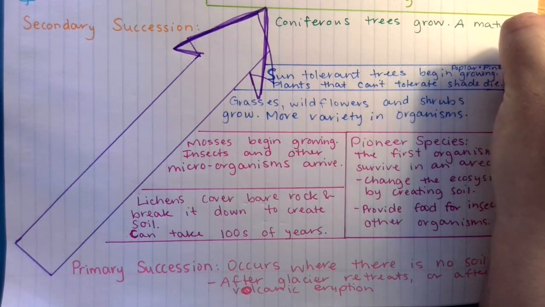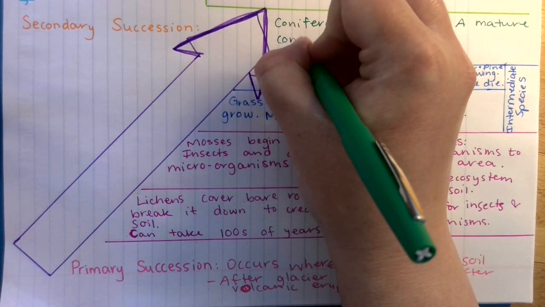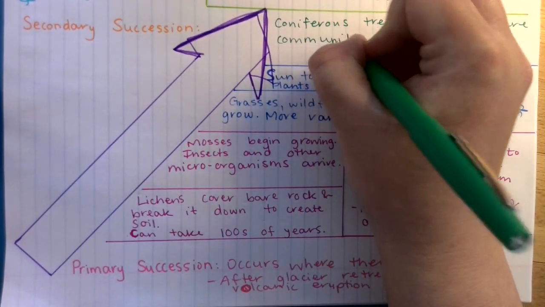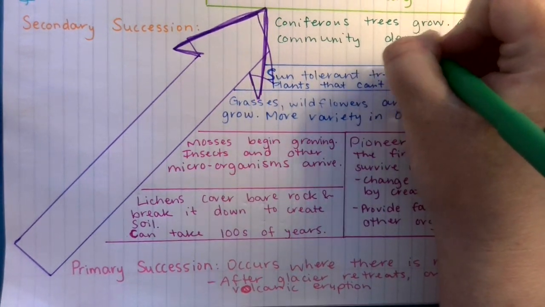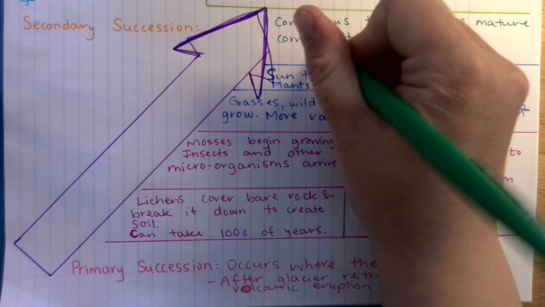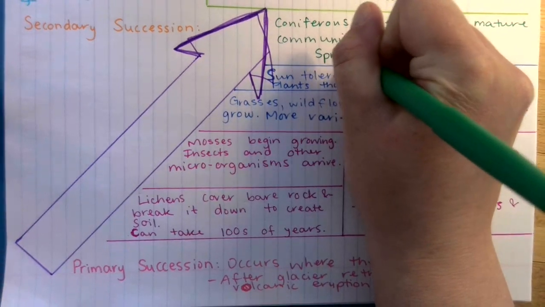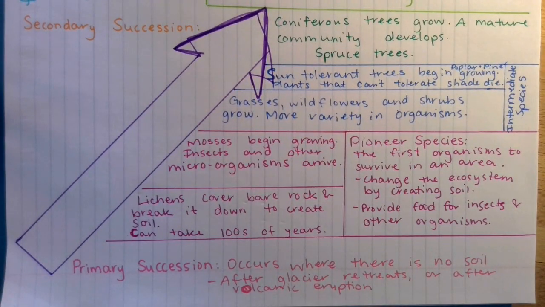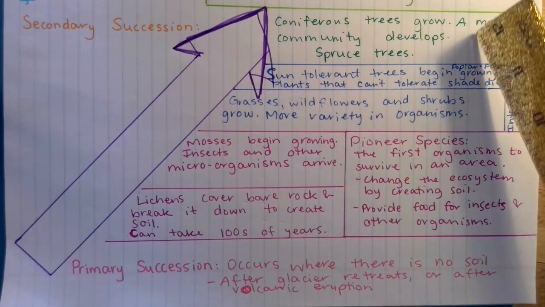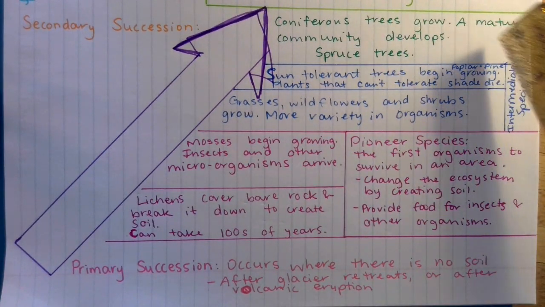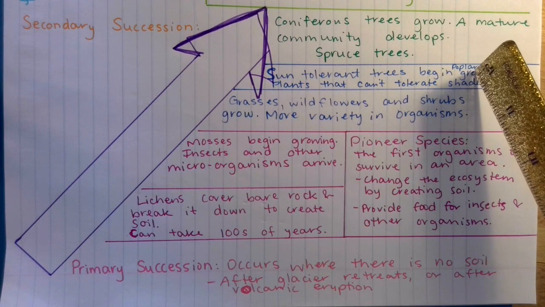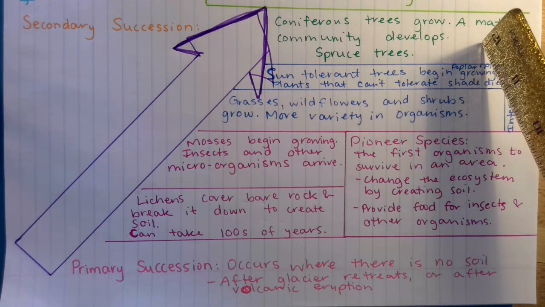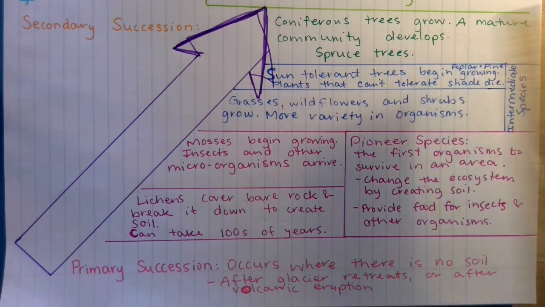Mature community develops. And so for us, this is going to be spruce trees mostly. Alberta changes a lot, actually. So our climax species, which is what this is going to be called, kind of switches between the top of these sun-tolerant trees and then the coniferous trees.